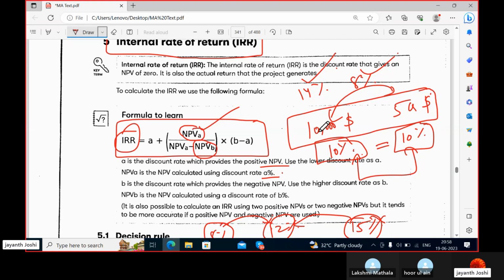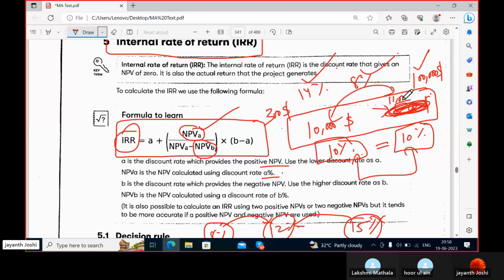But if this project gives you a positive NPV of, let's say, $300, and this can give you a positive NPV of $100,000, definitely this is giving you more.